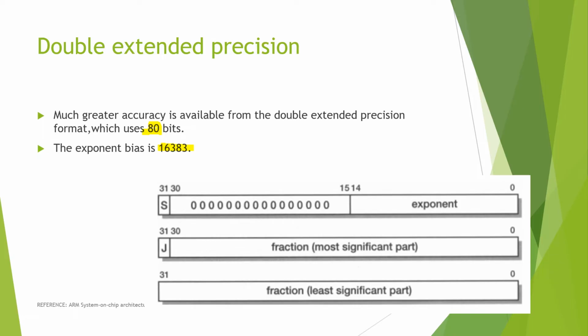And then the extended packed decimal format occupies 4 words, which gives you higher precision. So these are some other types of floating point representations too. These are the main things that you have to learn about the ARM floating point data types.